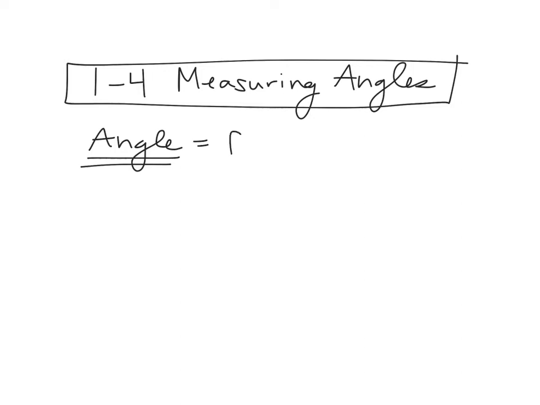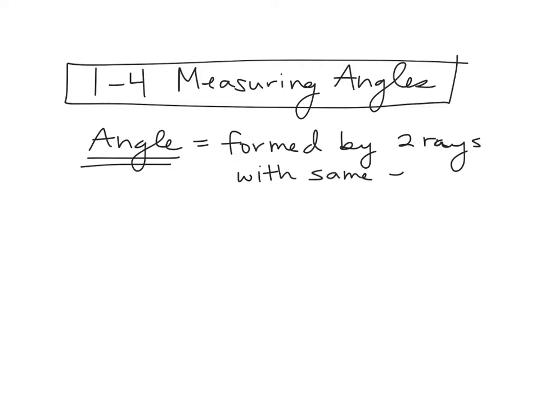But formed by two rays is what we will say for the sake of defining, with the same endpoint. So they need to share an endpoint, and that's what we call the vertex of our angle. So that endpoint is called our vertex.